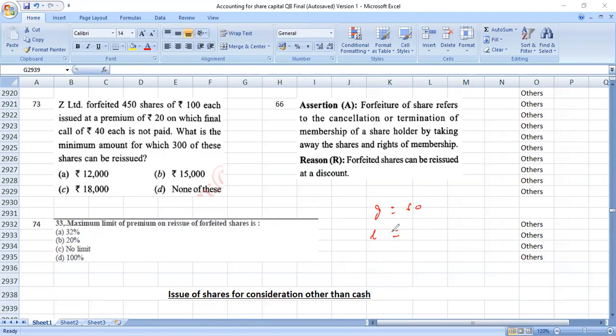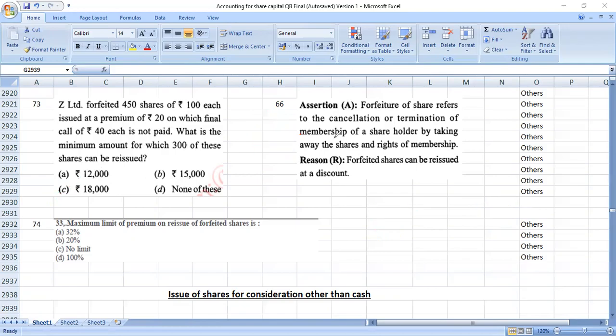What is the minimum amount, கேக்குறாங்க. Okay, 100 rupee shares la maximum discount 60 கொடுக்கலாம். அப்போ 40 is the minimum reissue price. So 40 into 450. 45 into 4 is 180, followed by 2 zeros. 18,000.